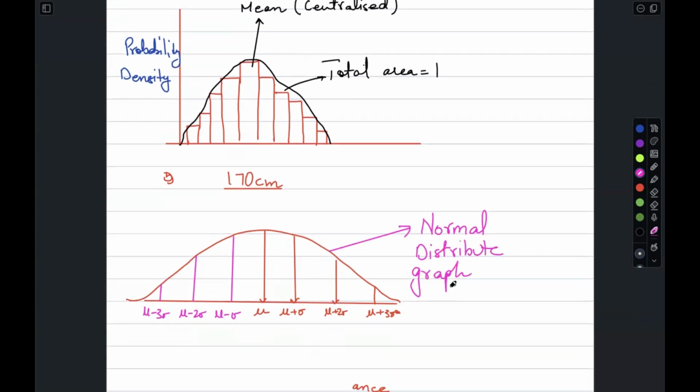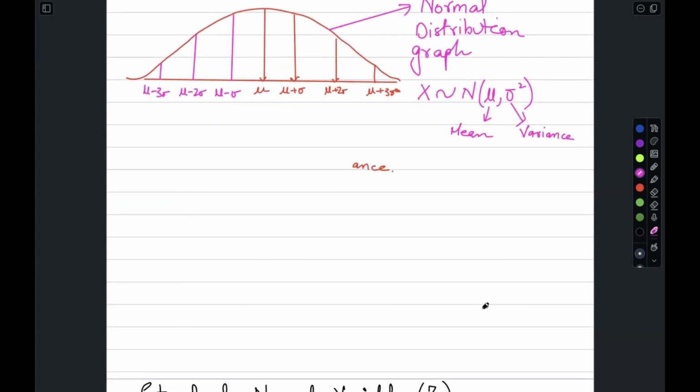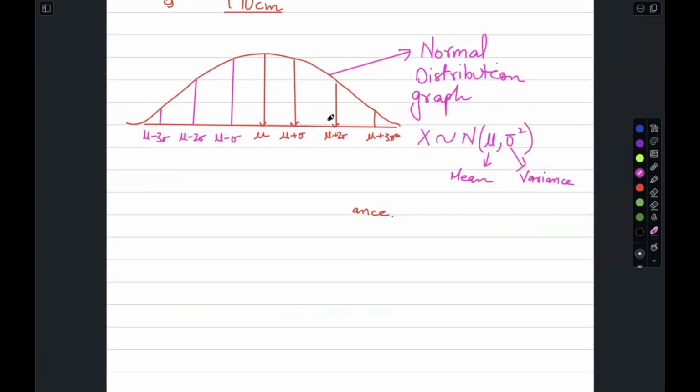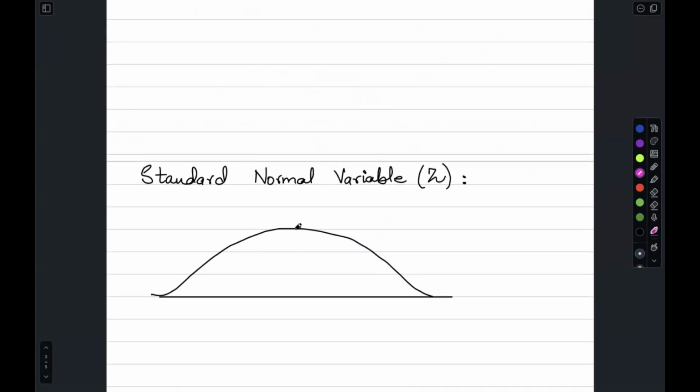And we represent this normal distribution as follows: if a variable x is normally distributed, it will have mu and sigma squared. Here mu is called the mean, and sigma squared is called the variance. Now, as there are infinite possibilities, we transform this into the standard normal variable where the mean is centralized and taken as 0.